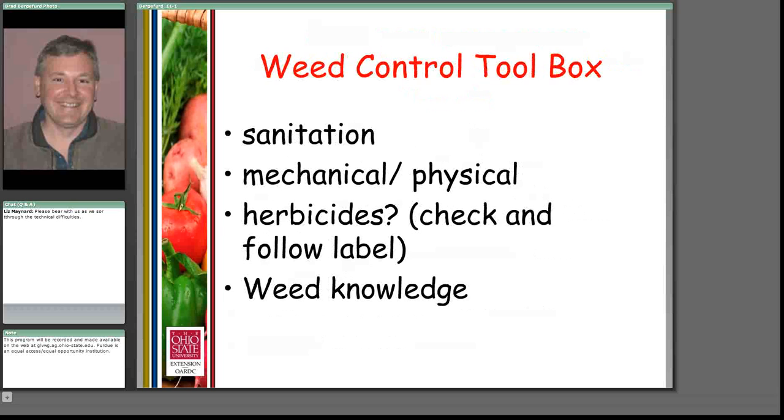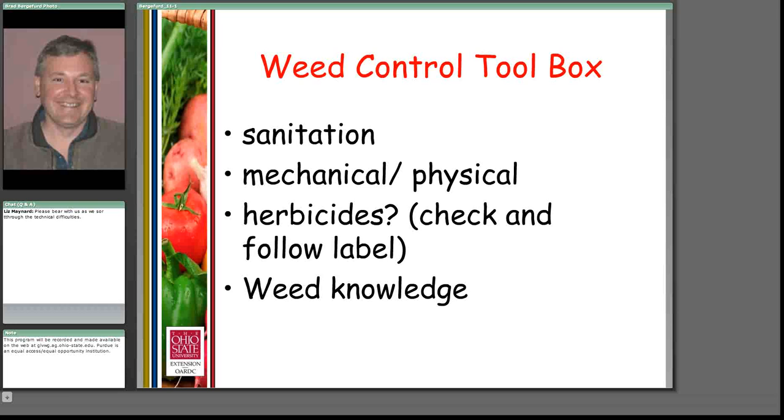Whenever we're approaching weed control in the tunnels, we basically have a toolbox that we're working with. The first one is sanitation, and like I said, that can begin well in advance of the construction of the tunnel. We do have mechanical and physical means of weed control.